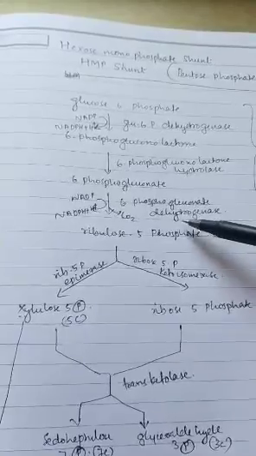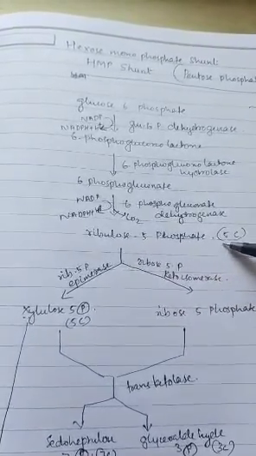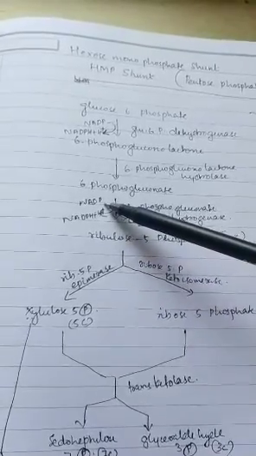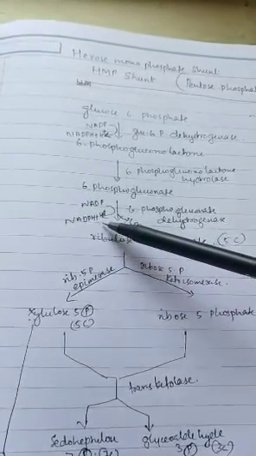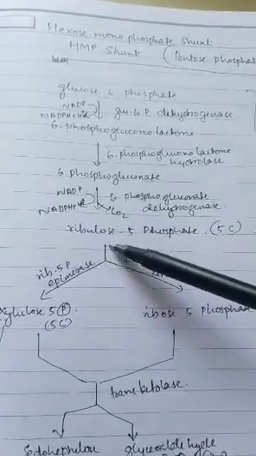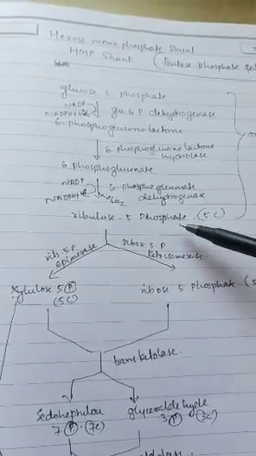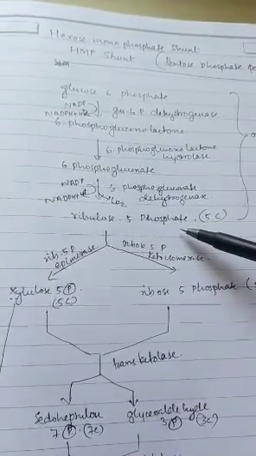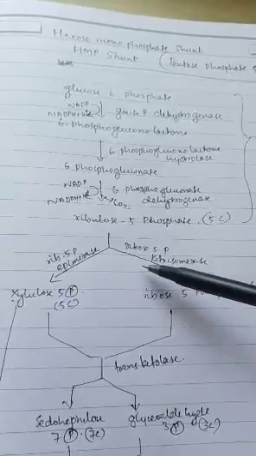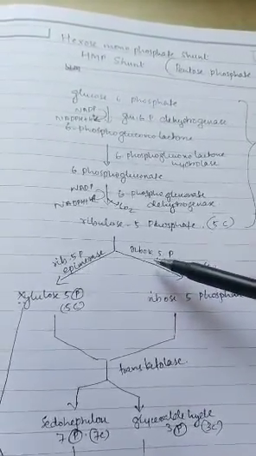which is decarboxylated immediately to form ribulose 5-phosphate, which is a 5-carbon compound. Here also coenzyme NADP is reduced to NADPH. Then this is the oxidative phase of HMP shunt. And then in the non-oxidative stage, interconversion of 3, 4, 5 and 7 carbon monosaccharides takes place.